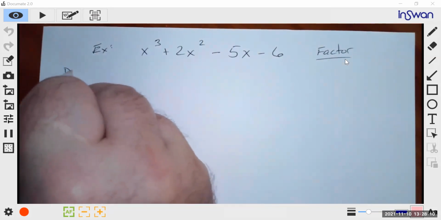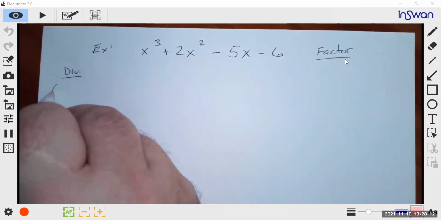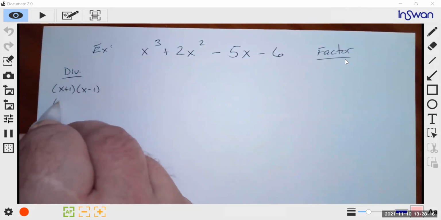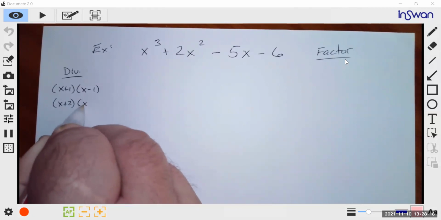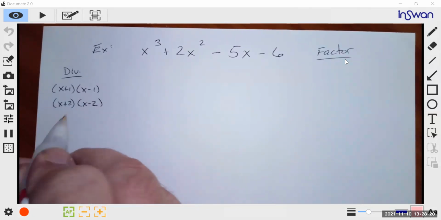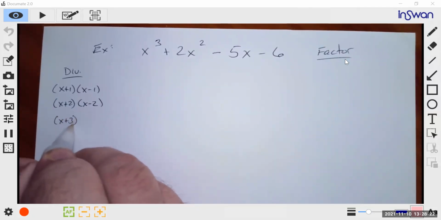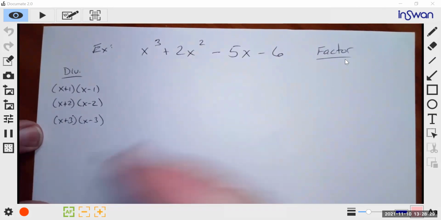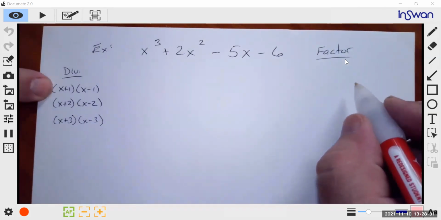If we did division, we would try x plus 1, x minus 1, x plus 2, x minus 2, x plus 3, x minus 3. That's a lot of writing. Or we could just do the solution to those.